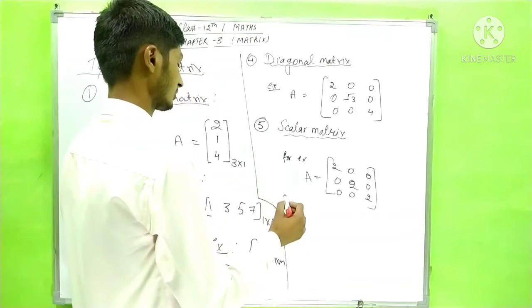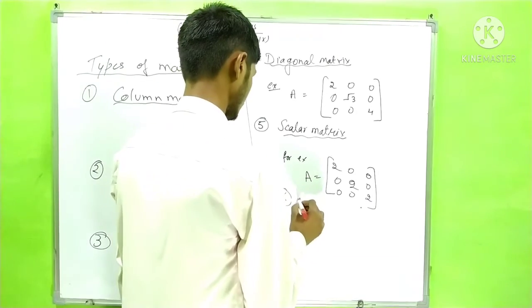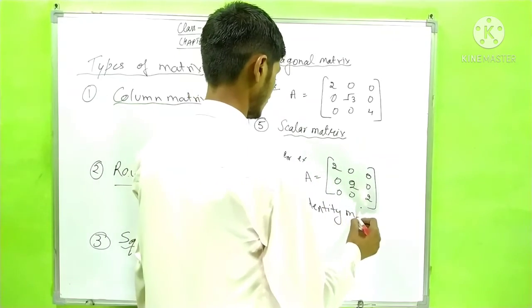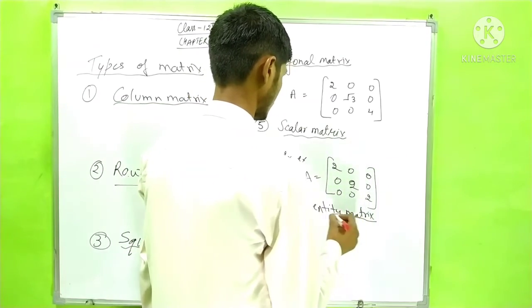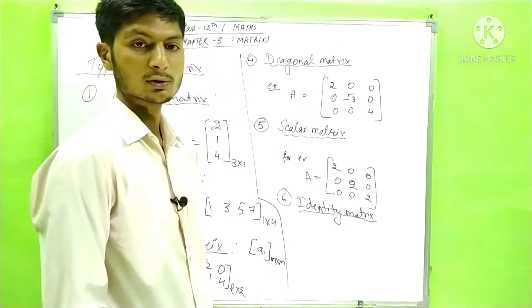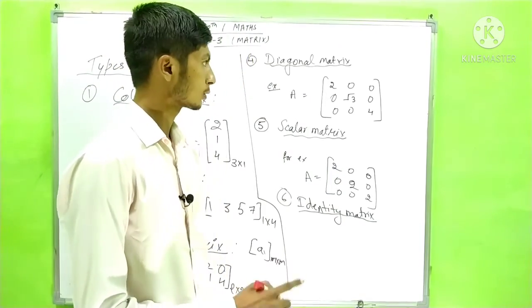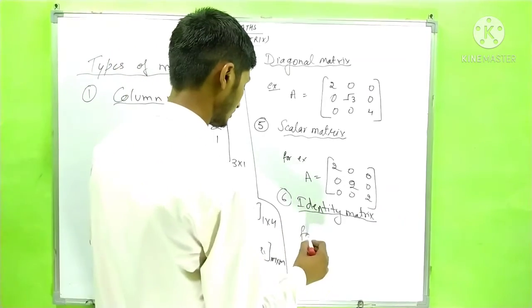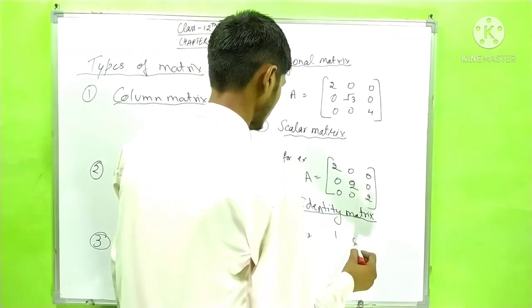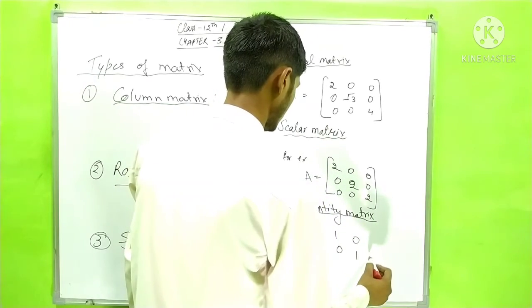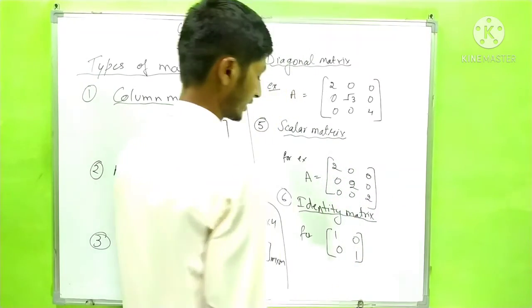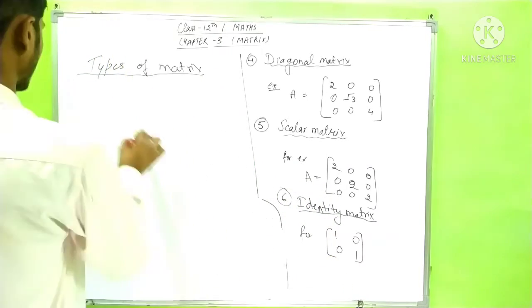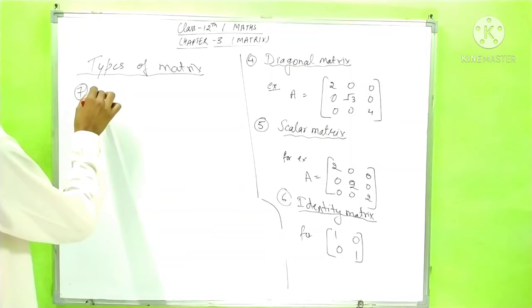And the sixth is identity matrix. A matrix is said to be an identity matrix if all the elements of a diagonal matrix are unity. For example, here the diagonal elements are unity, it means 1. Seventh is zero matrix.